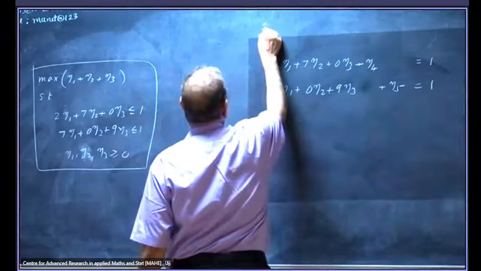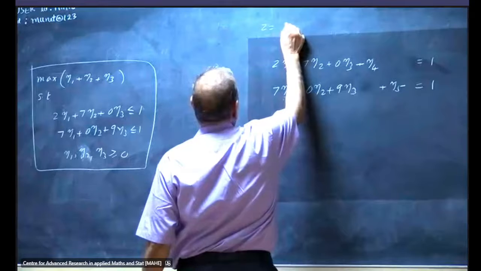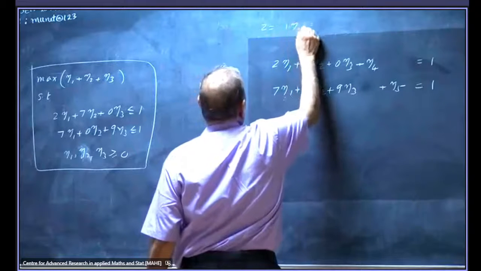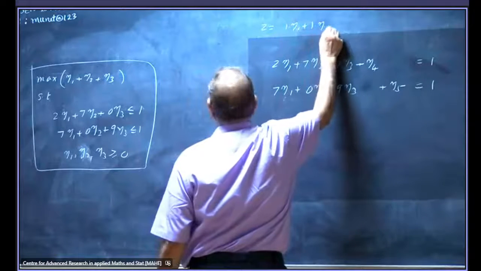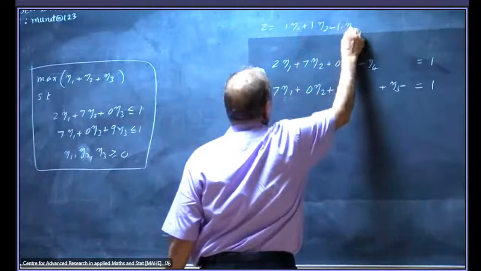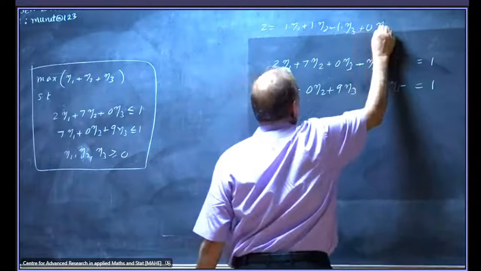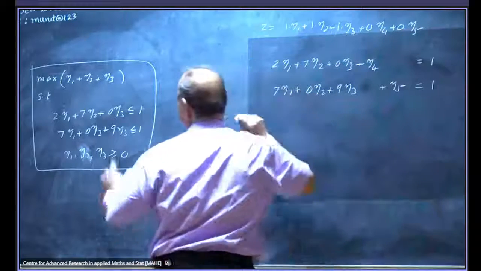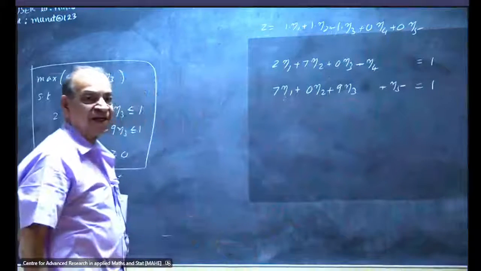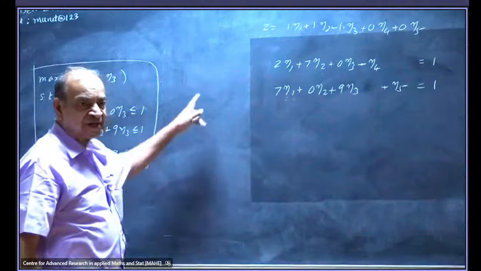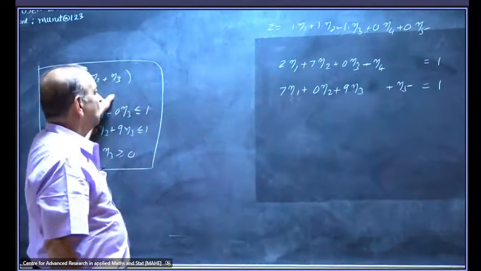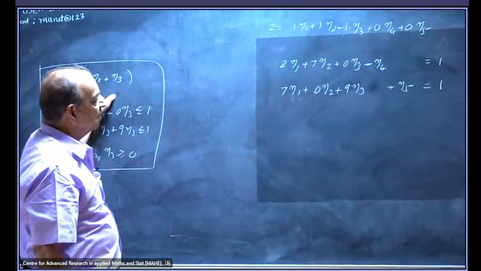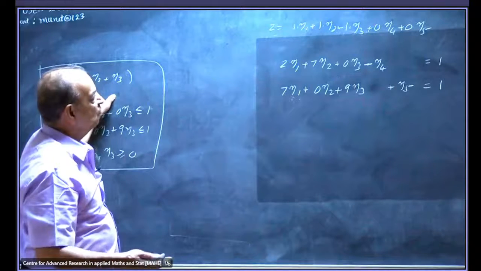I call the C as 1 eta 1 plus 1 eta 2 plus 1 eta 3 plus 0 eta 4 plus 0 eta 5. That is my objective function. Do you follow me? The objective function: eta 1 plus eta 2 plus eta 3 plus 0 eta 4 plus 0 eta 5.